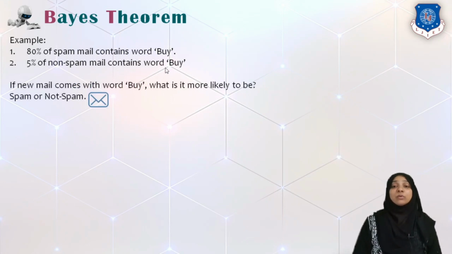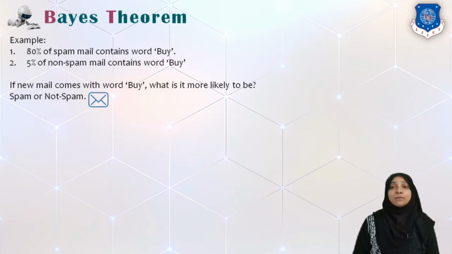So we are given only two types of information: 80% of spam mails contain the word "buy", and 5% of non-spam mails contain the word "buy".